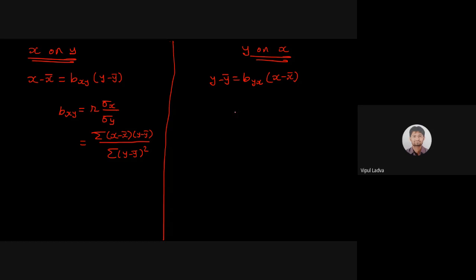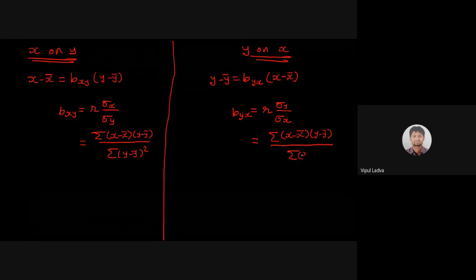Okay. So similarly here, the regression coefficient byx will have the formula r into standard deviation of y divided by standard deviation of x. अगर इसको सिंपलीफाई करें, if we simplify this, then the format will be summation x minus x bar into y minus y bar divided by summation of x minus x bar the square.